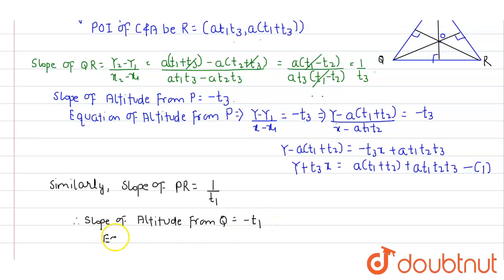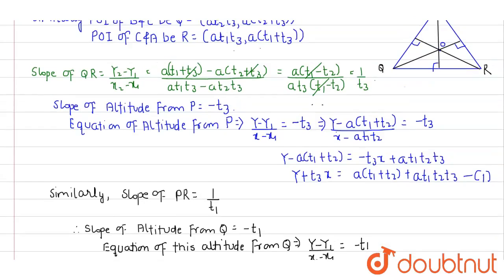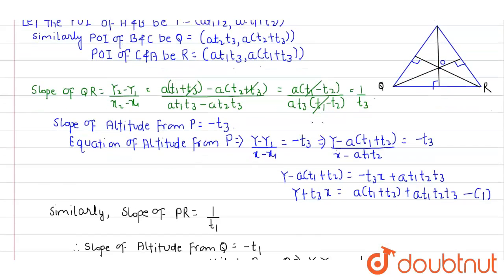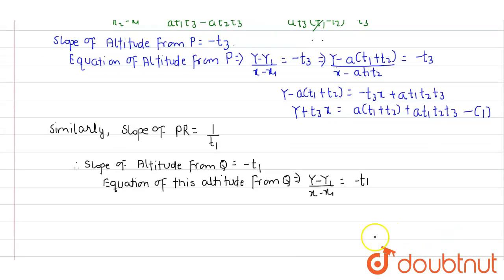So the equation of this altitude, which is from Q, will be given again by y minus y1 over x minus x1 times the slope, that is minus T1. Since the altitude is from Q, y1 will be a times T2 plus T3.